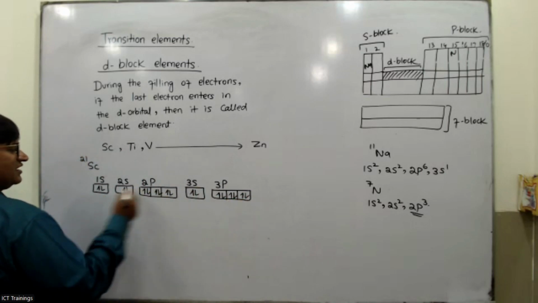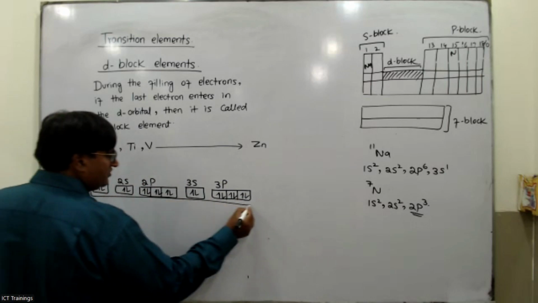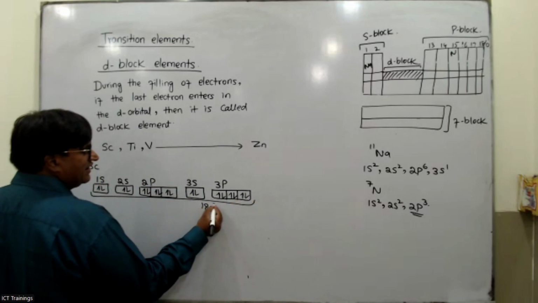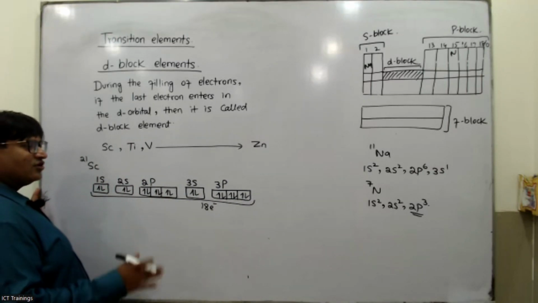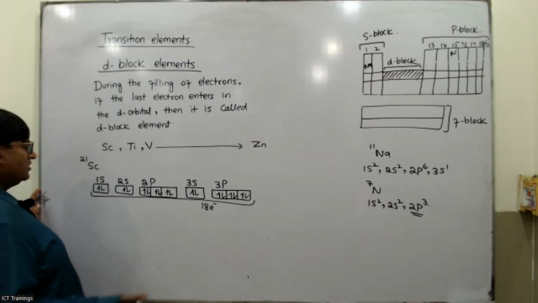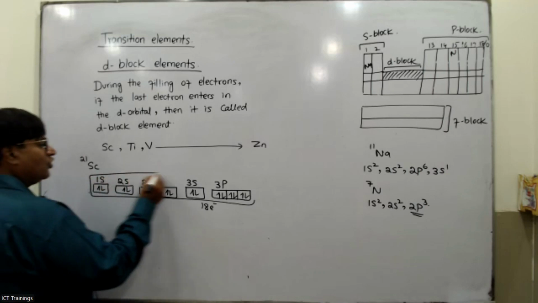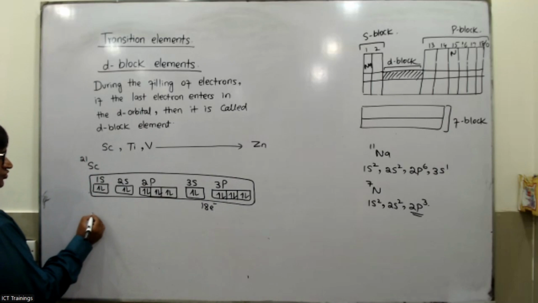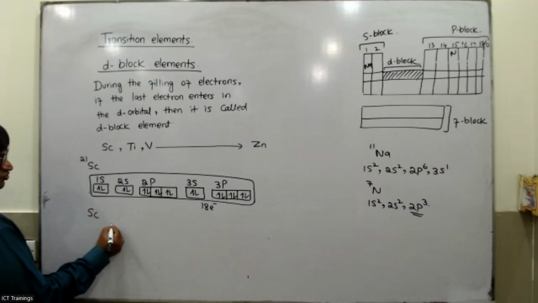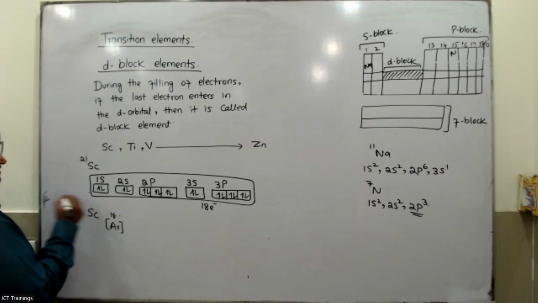So the electrons up till here are 18 electrons. Okay, 18 electrons are also present in argon. So instead of writing the whole of this, what should you do? For scandium, you should write argon. Argon means 18 electrons have come.